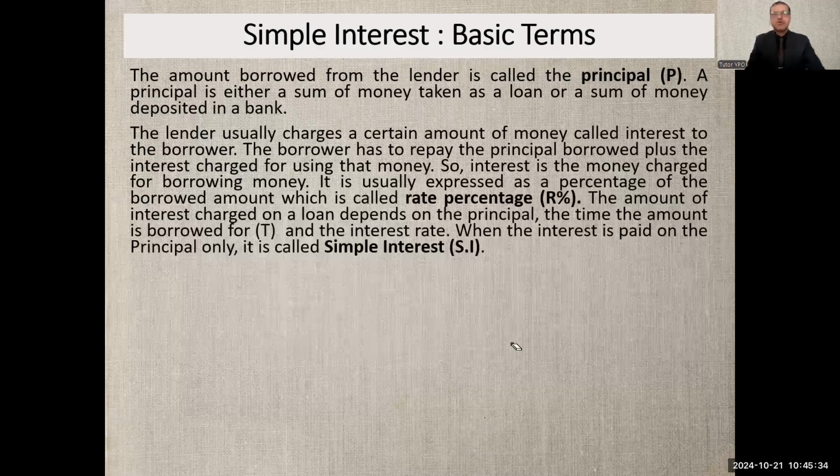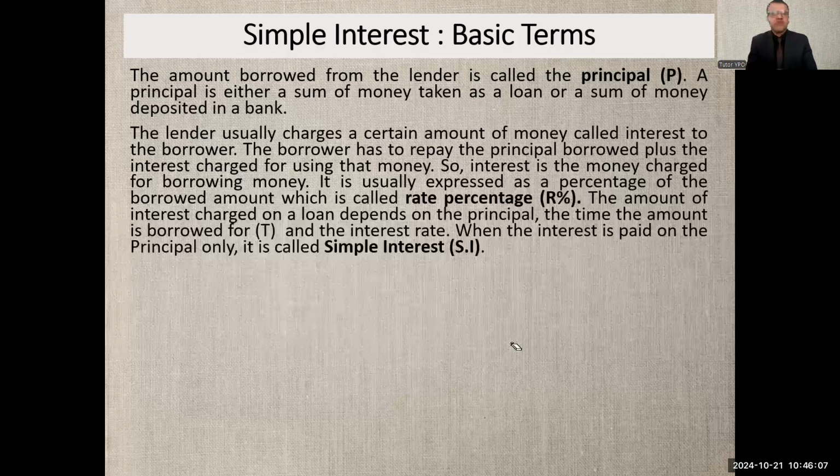It means total interest to be paid depends on the rate of interest, for how long we use, and how much was the principal. Total money borrowed, total time duration used, and the rate of interest. These three terms are used to calculate the amount of interest.